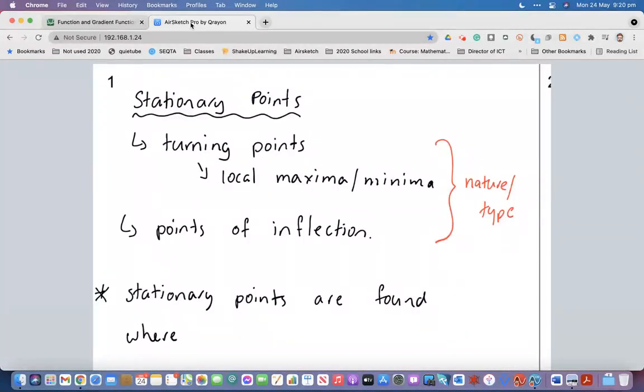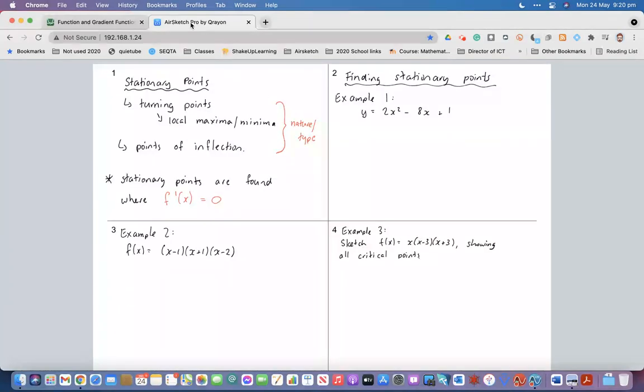Okay, so let's finish this particular slide off. So stationary points are turning points and points of inflection. How do we find stationary points? Well, it's where f dash of x, f'(x), is equal to 0. Okay, so that's basically it. So I'm going to go through 3 examples, and that will do us for this video. It's already long enough, isn't it? But it's not too hard.